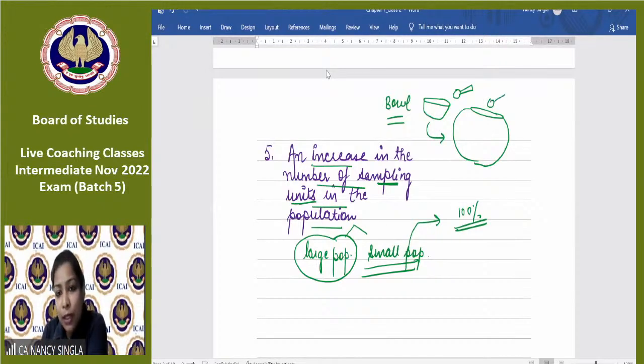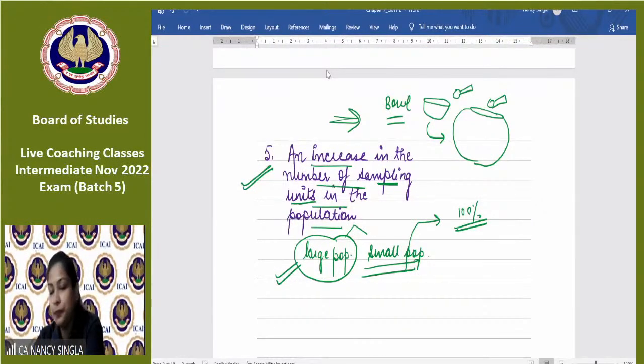Will your sample also increase? No, that one spoon will be sufficient. It won't happen that you have to taste the entire bowl out of this pot. So an increase in the population will have a negligible effect on the sample size. Just keep this example in mind. This point with respect to a large population is going to be very clear to you.